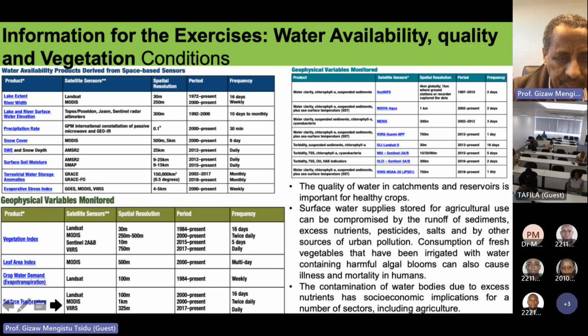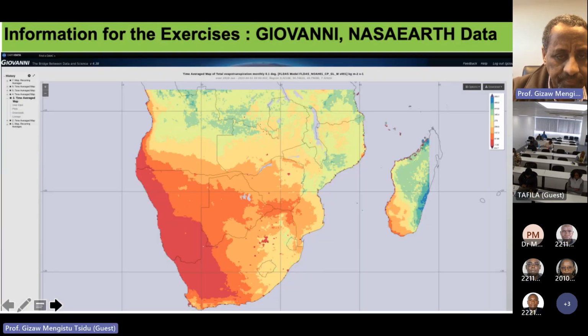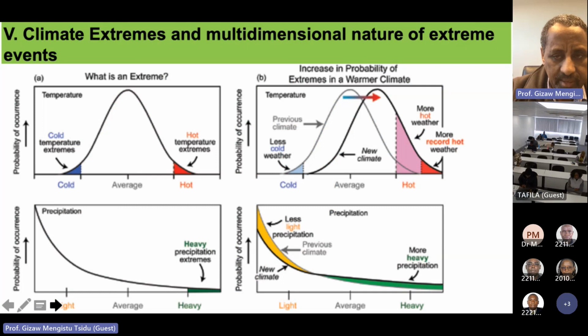All right, let me move on. So yesterday we covered this aspect. As we have seen, climate change affects not only the mean climate, like the trend, but it also affects the extreme part of the time series.